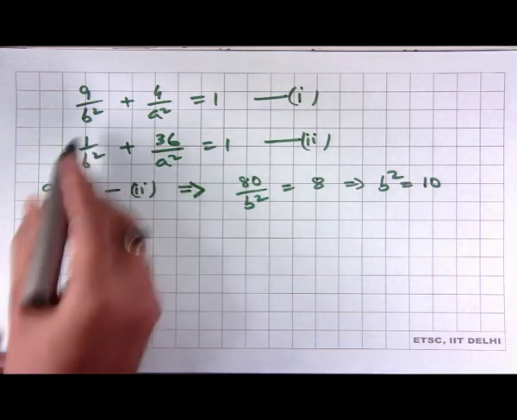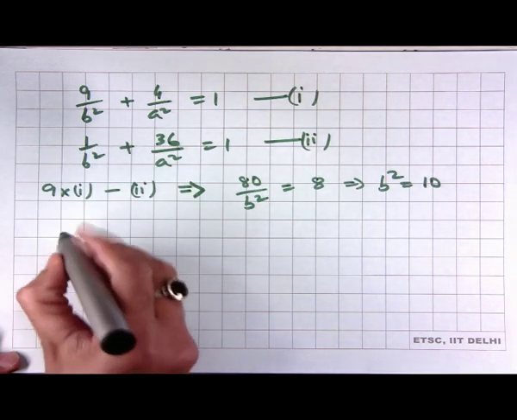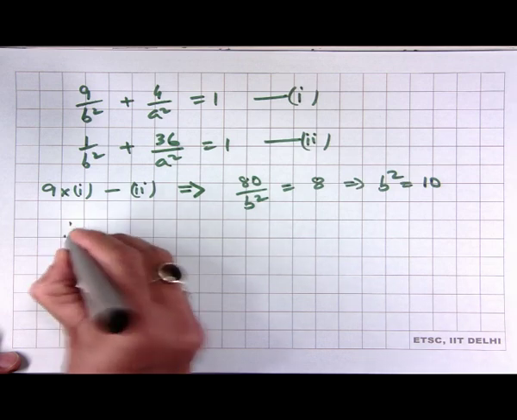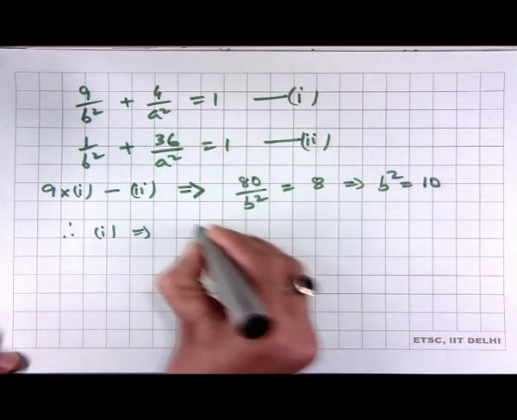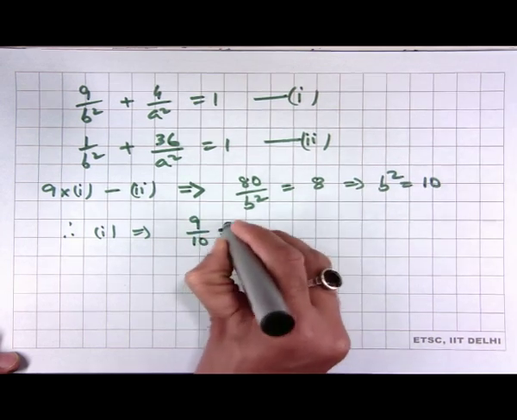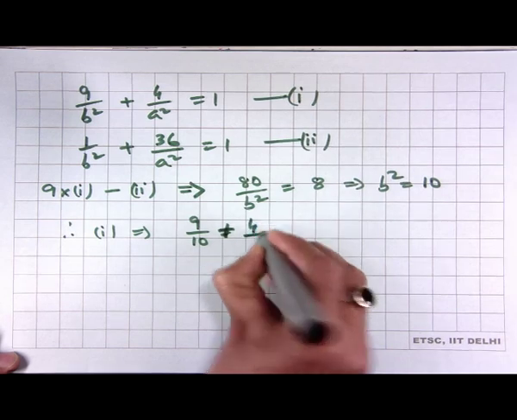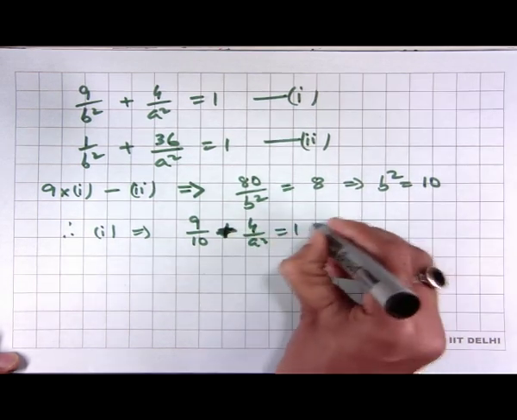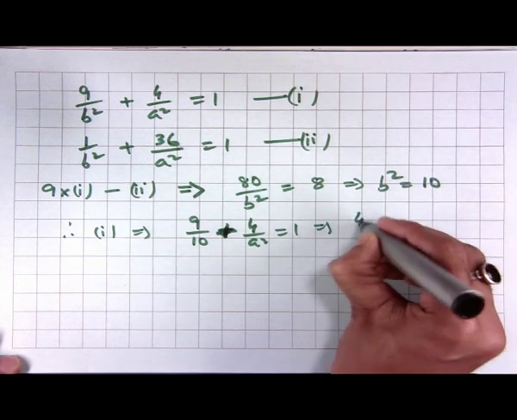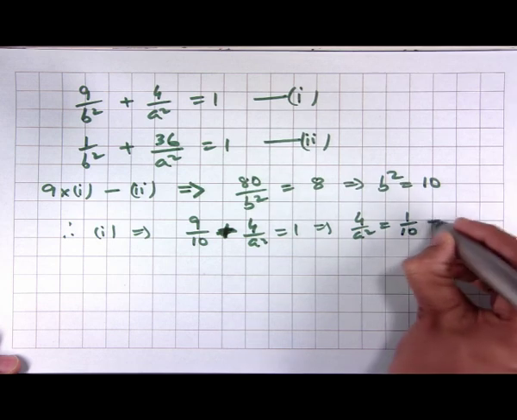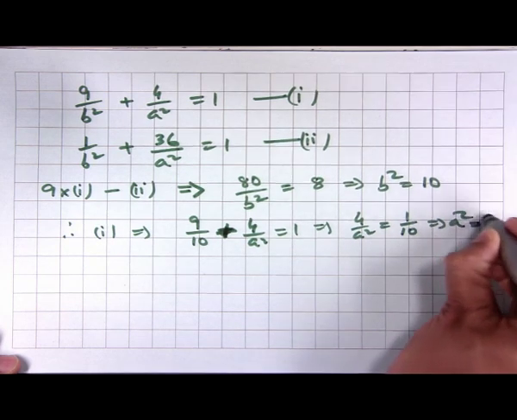And therefore, if I put b² = 10 in equation 1, we get 9/10 + 4/a² = 1, which means 4/a² = 1/10. So, a² is 40.